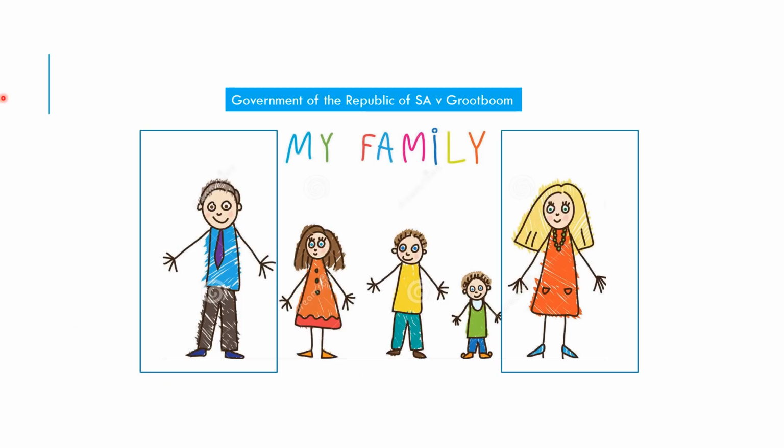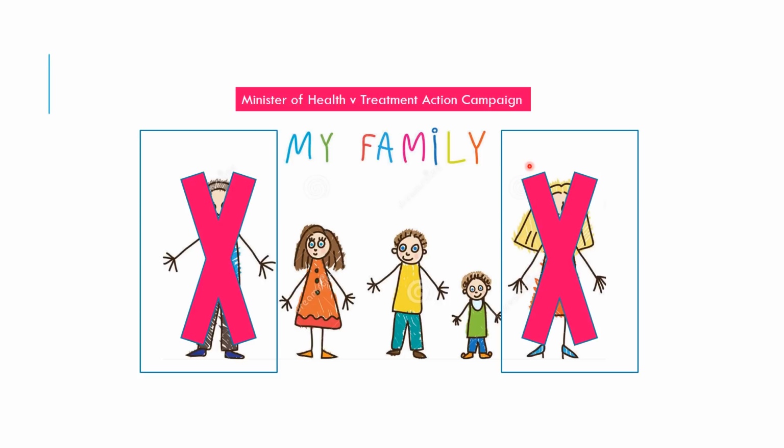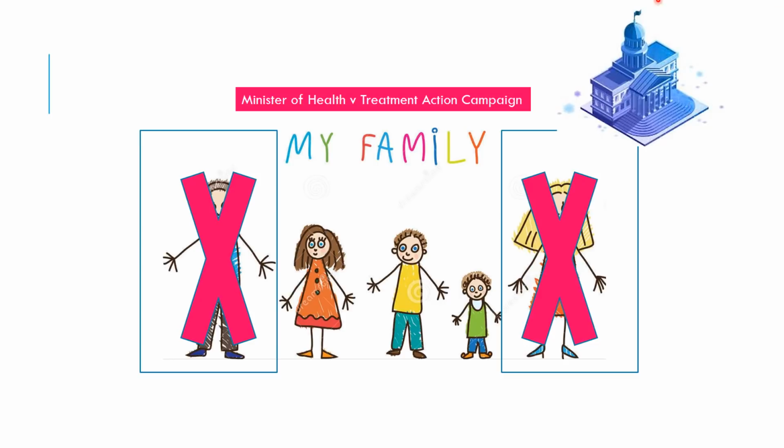So if we use this very basic illustration, in the Grootboom case, the court decided that where there are parents, children must look to them. In Minister of Health versus Treatment Action Campaign, the court determined that even in cases where there are parents, but the parental care is lacking or absent, children do not have to look to their parents for their socioeconomic rights, but they can look to the state.